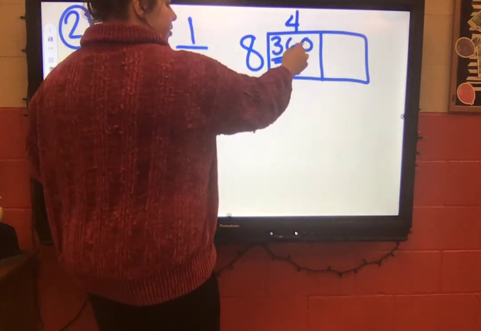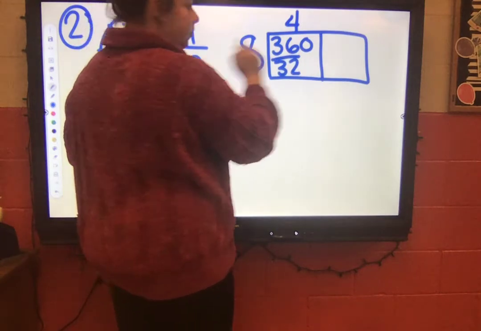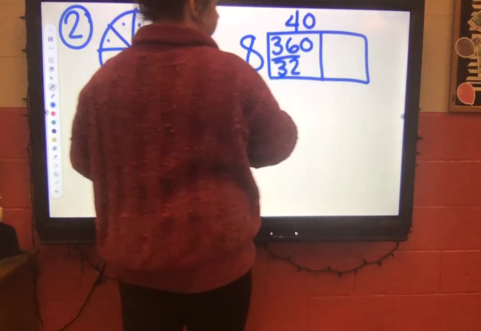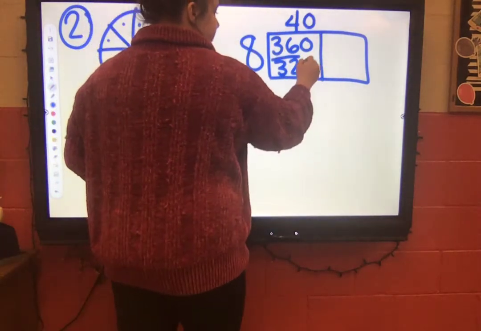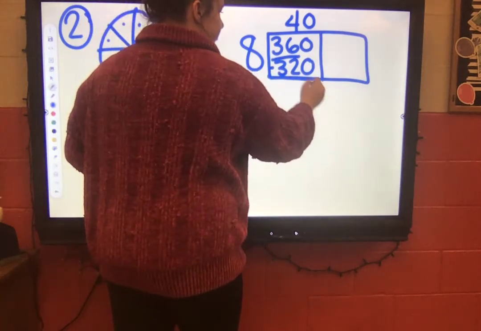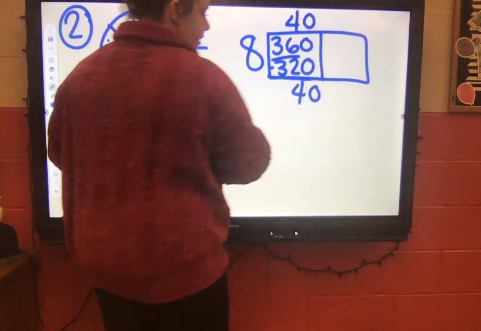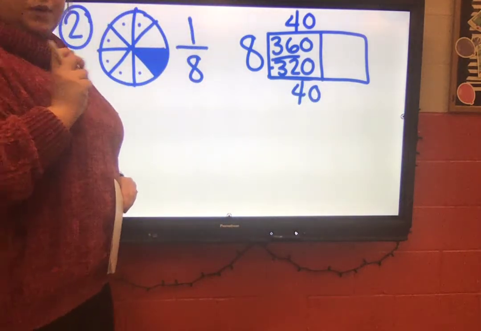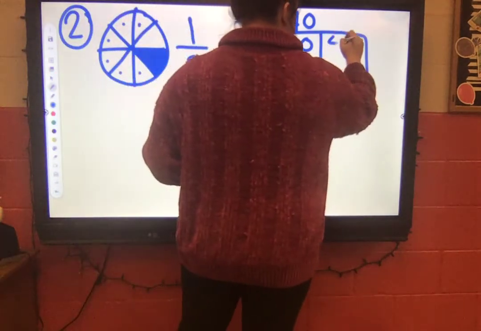And how many times will 8 go into 0? 0. So I'm going to put a 0 up here. And 0 times 8 is 0. Now subtract it. We have 40 left over, so I need to put it in my next box.